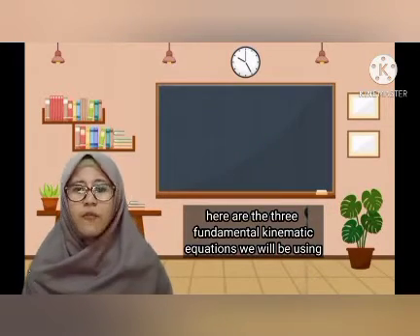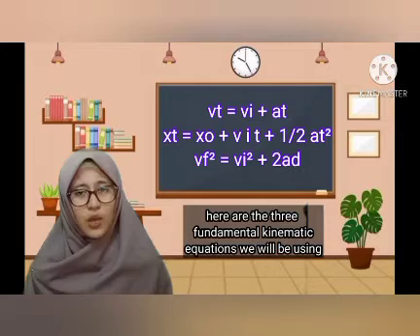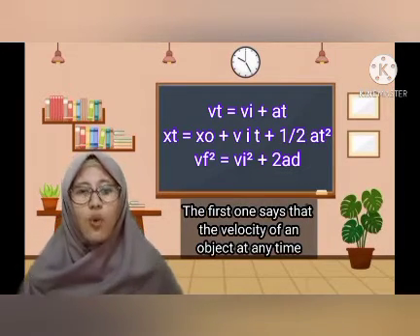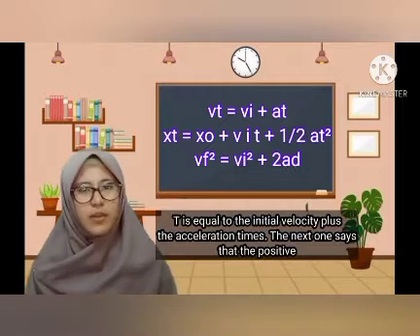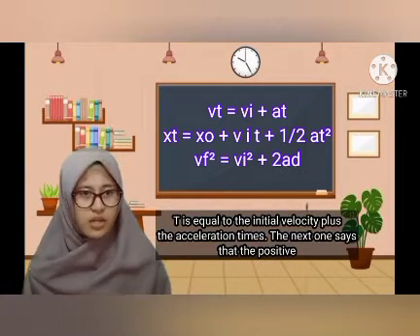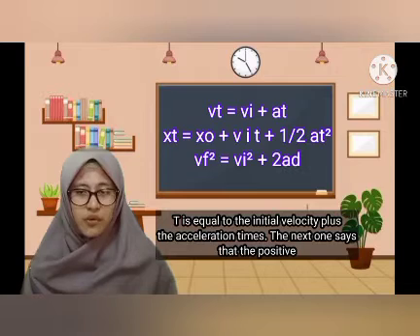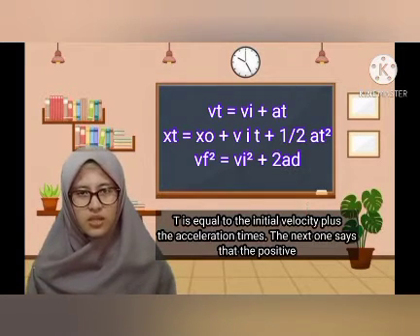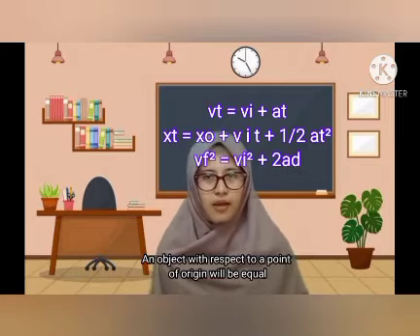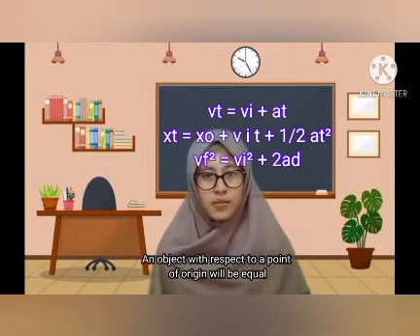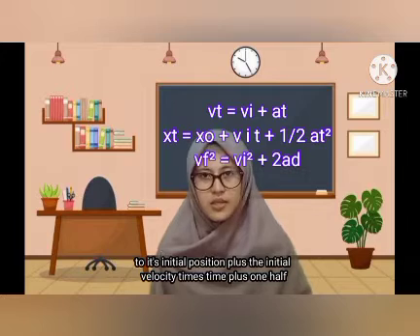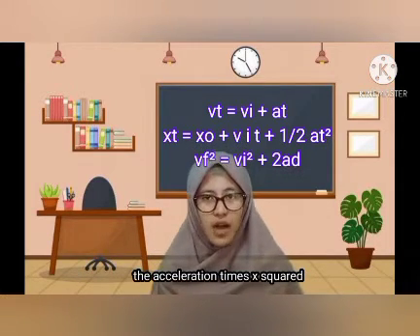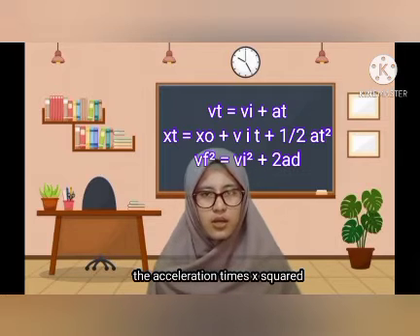Here are the three fundamental kinematic equations we will be using. The first one says that the velocity of an object at any time t is equal to the initial velocity plus the acceleration times the time. The next one says that the position of an object with respect to a point of origin will be equal to its initial position plus the initial velocity times time plus 1/2 the acceleration times time squared.